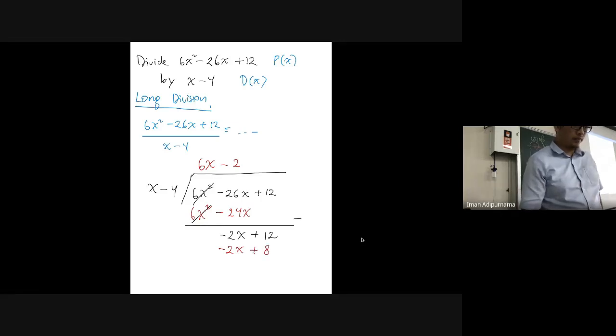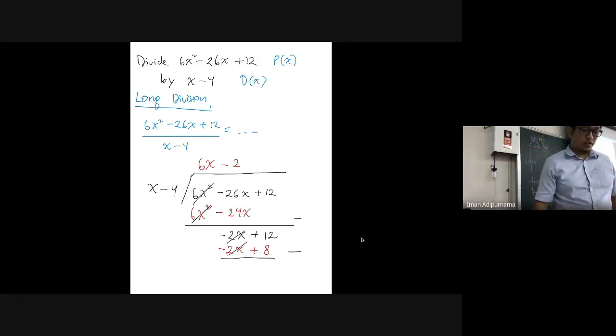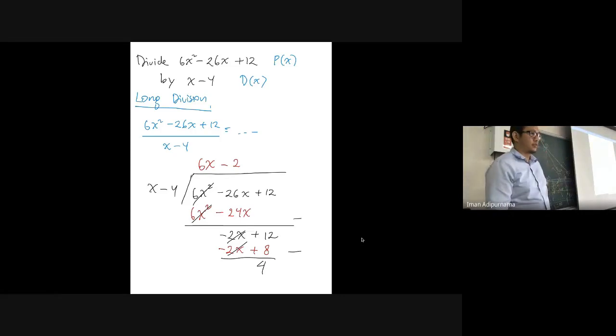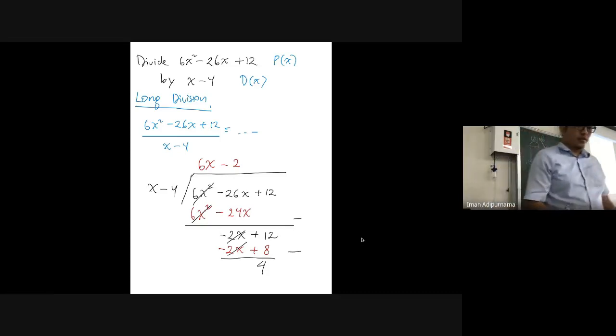Then subtract, it cancels, and 12 minus 8 is 4. So what happens next? Just stop here. You cannot rewrite or change any form. So this is the remainder, the r(x).